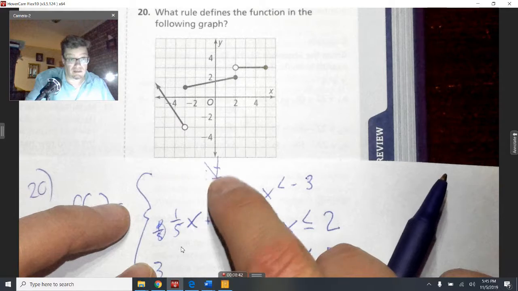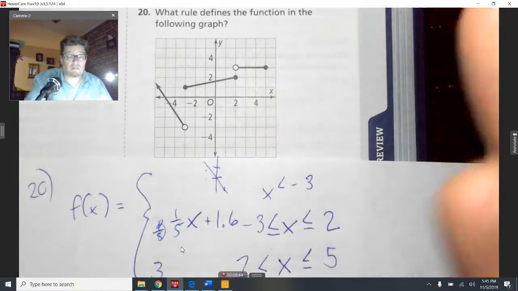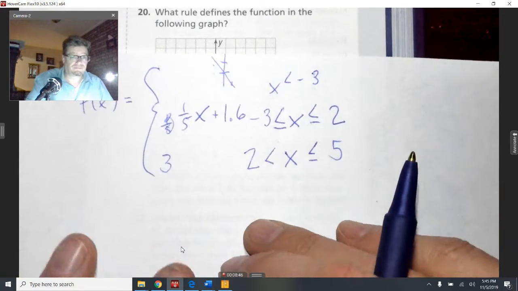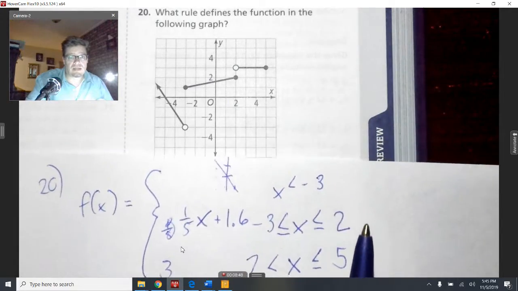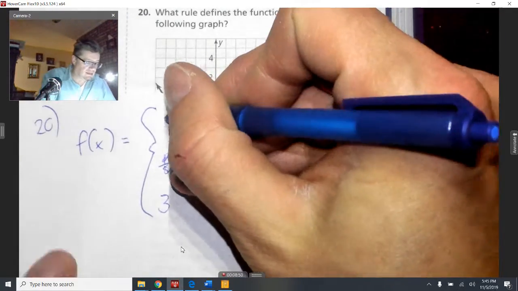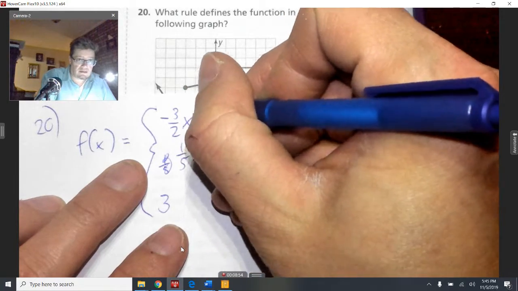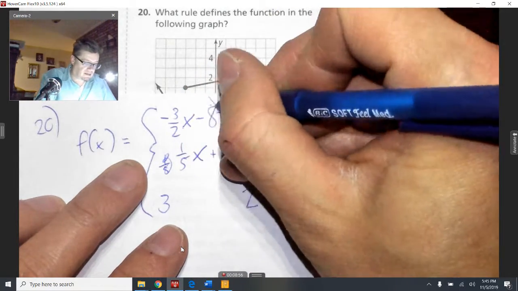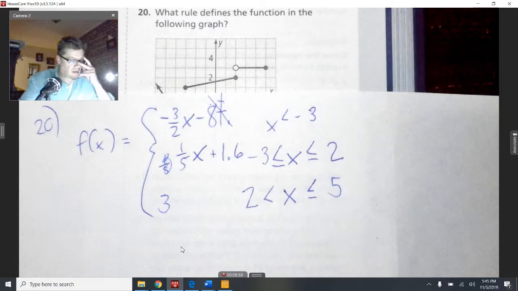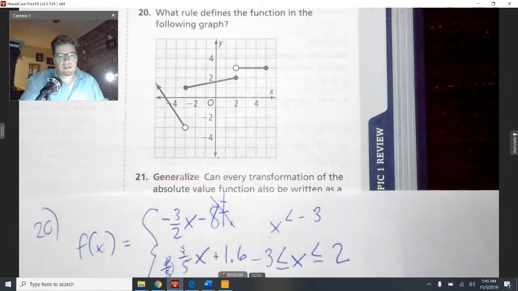Actually, -8. So we're going to approximate it at -8. So that slope is down 3 over 2 x minus 8. Okay, and that's it. That is the piecewise function.